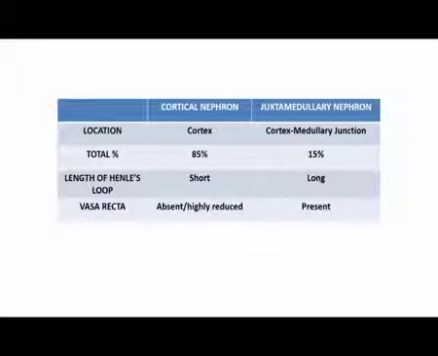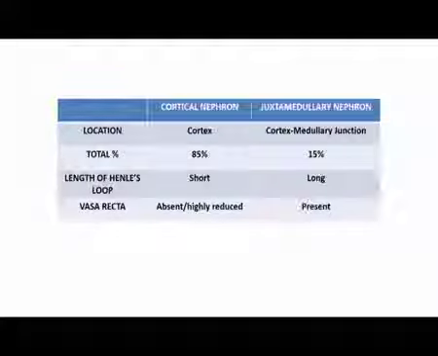The length of Henle's loop, as I explained earlier, is very short in cortical nephrons, and in juxtamedullary nephrons it is very long. And one thing which I missed out, and am going to explain now, is the vasa recta. The vasa recta is absent or highly reduced in cortical nephrons, and present in juxtamedullary nephrons.